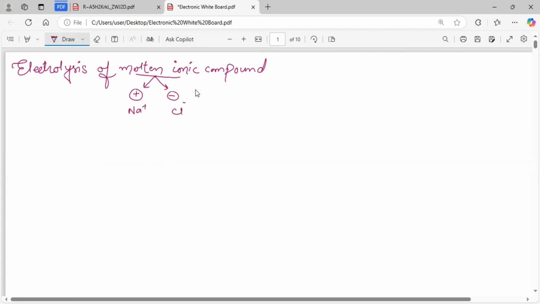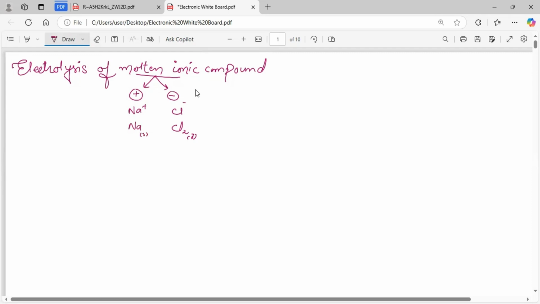Cl negative was discharged, oxidized, at the positive electrode, the anode, and we got Cl2 in gaseous state. Same is the case with sodium, which gained electrons at the negatively charged electrode, the cathode, and Na positive was reduced to sodium.